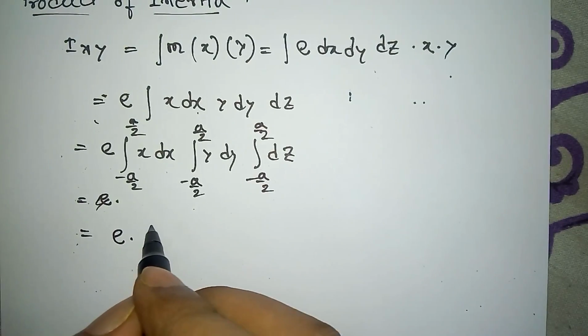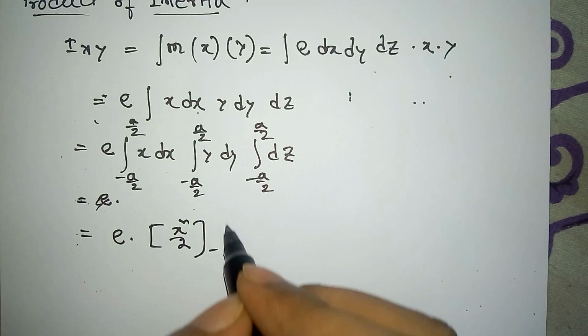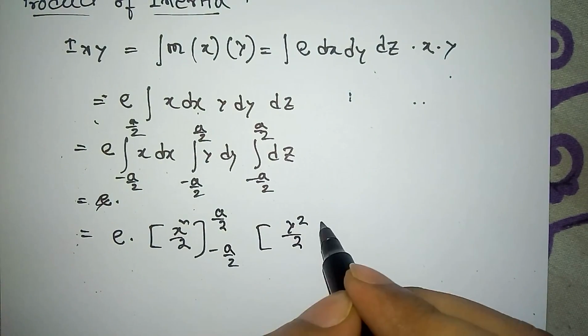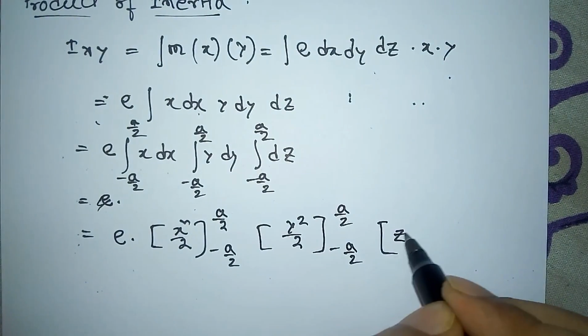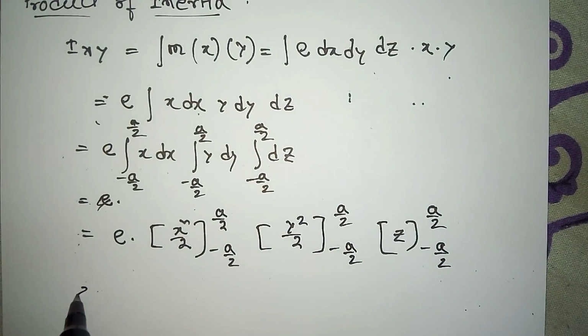So rho into x square by 2, from minus a by 2 to plus a by 2, y square by 2, from minus a by 2 to plus a by 2, z from minus a by 2 to plus a by 2, after integration.